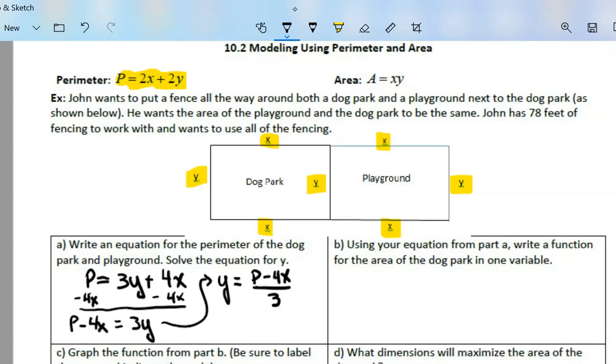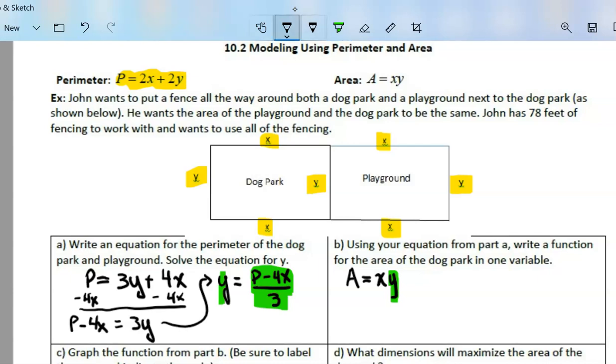Okay, so the area of the dog park. The area of the dog park would be length times width, or x times y. So we'll write that: the area equals x times y. Now, y equals p minus 4x over 3, and so we can put that in here for y.